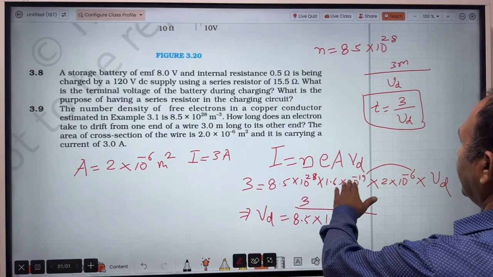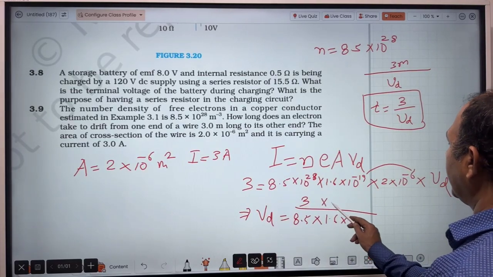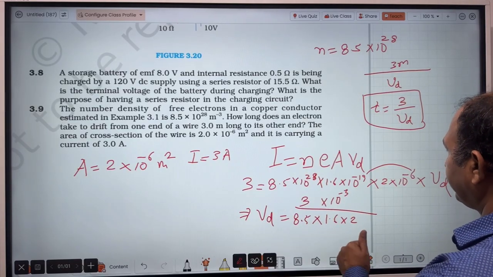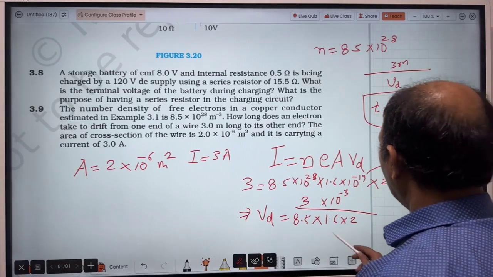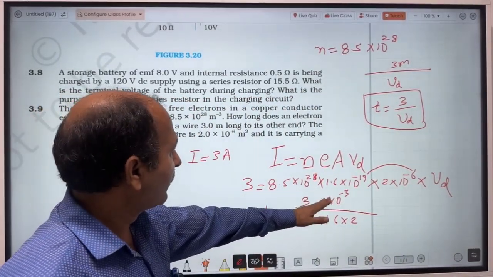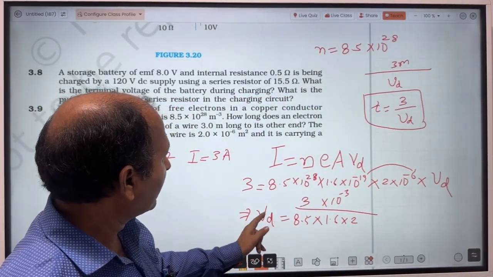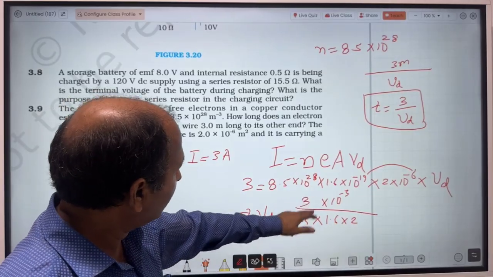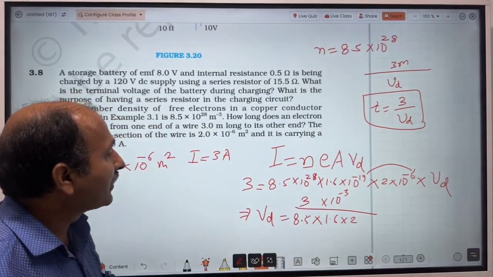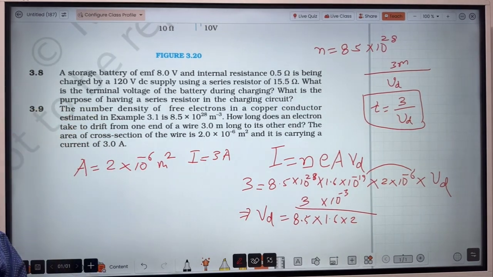So here it will be 10 to the power minus 3. I think the thing is clear. Since it is a positive power, it goes in the denominator. So this is 3 into 10 to the power minus 3. Now evaluate it. Take 1 minute to get the value of Vd.